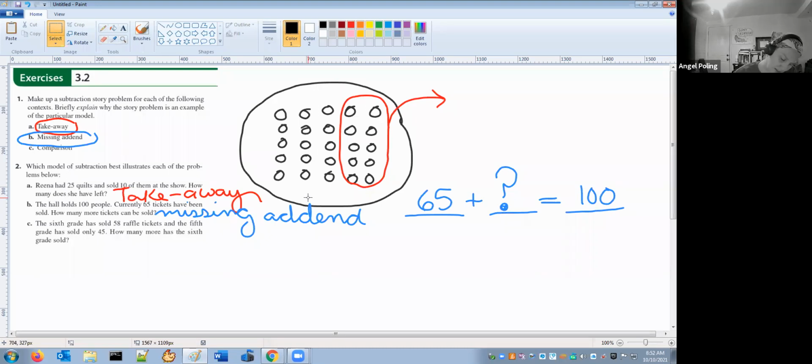And C is the 6th grade has sold 58 raffle tickets and the 5th grade has only sold 45. How many more has the 6th grade sold? So for this one, I'm going to do a couple number lines because we are comparing, right?